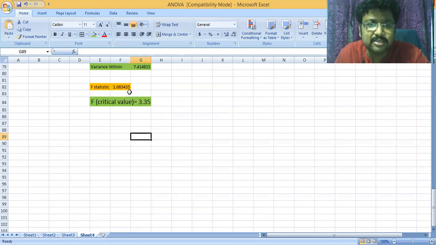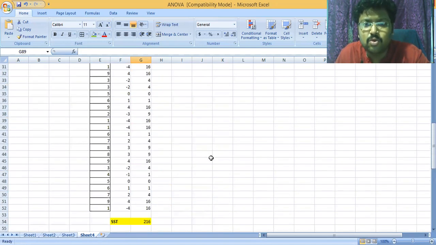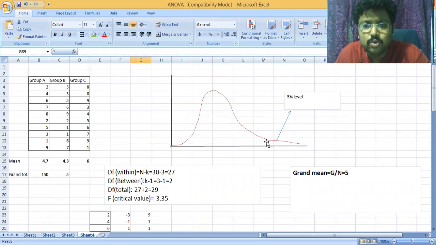So naturally it is clear that 1.06 is less than 3.35. If we go to the curve, we do not get into the rejection region, so we should accept the null hypothesis. We should not reject the null hypothesis.